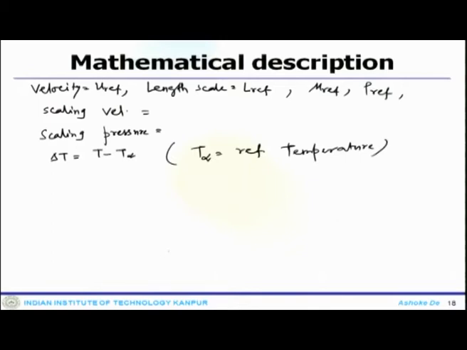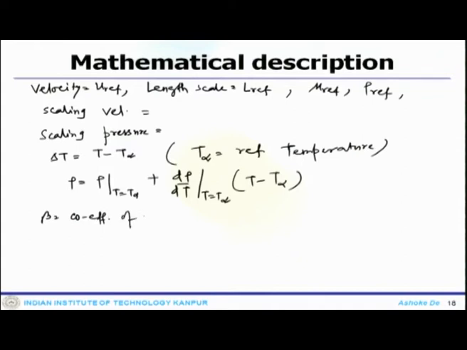and the density variation, if you take with respect to temperature, you take with the Taylor series expansion, retaining only the first order term, and this beta is defined as the coefficient of volumetric expansion.